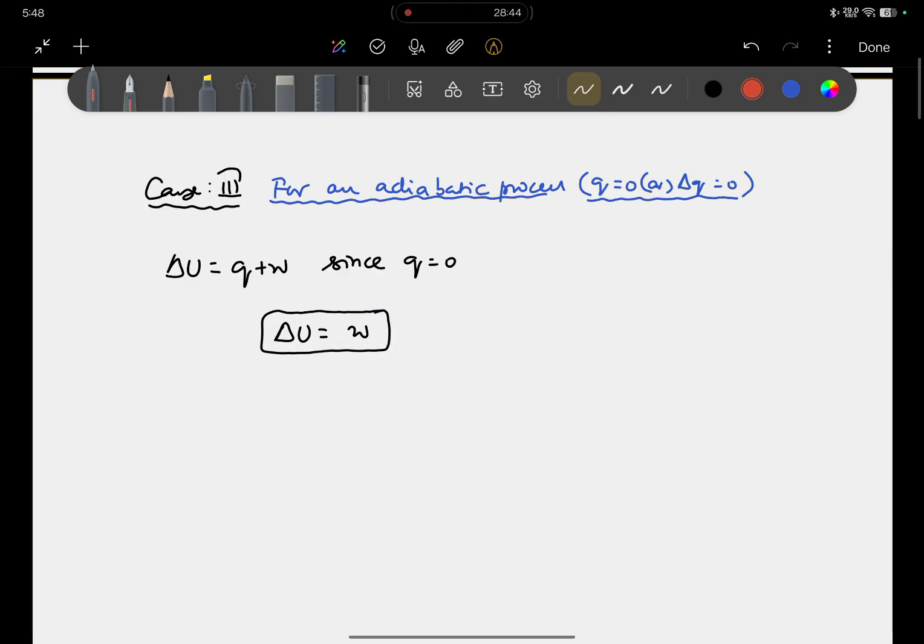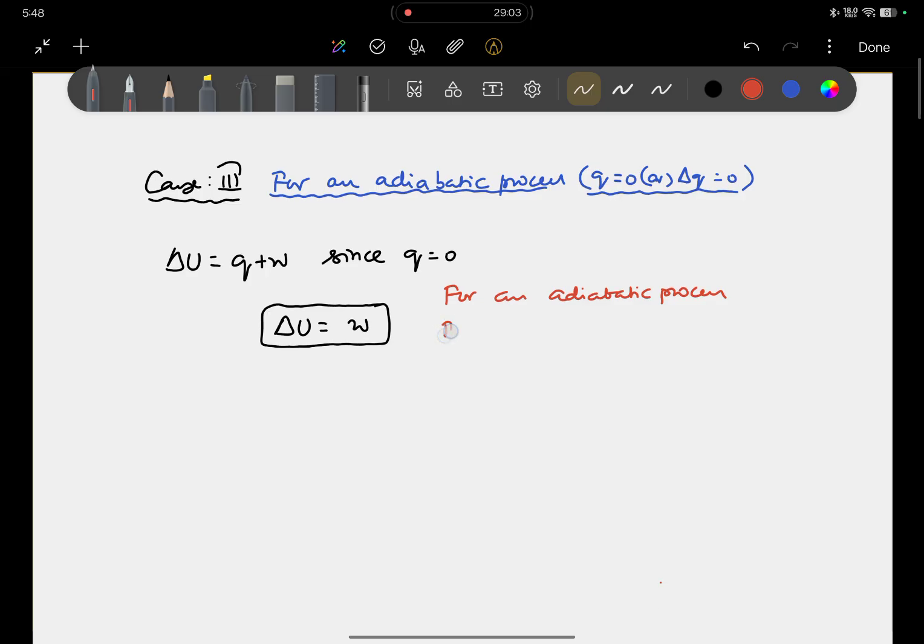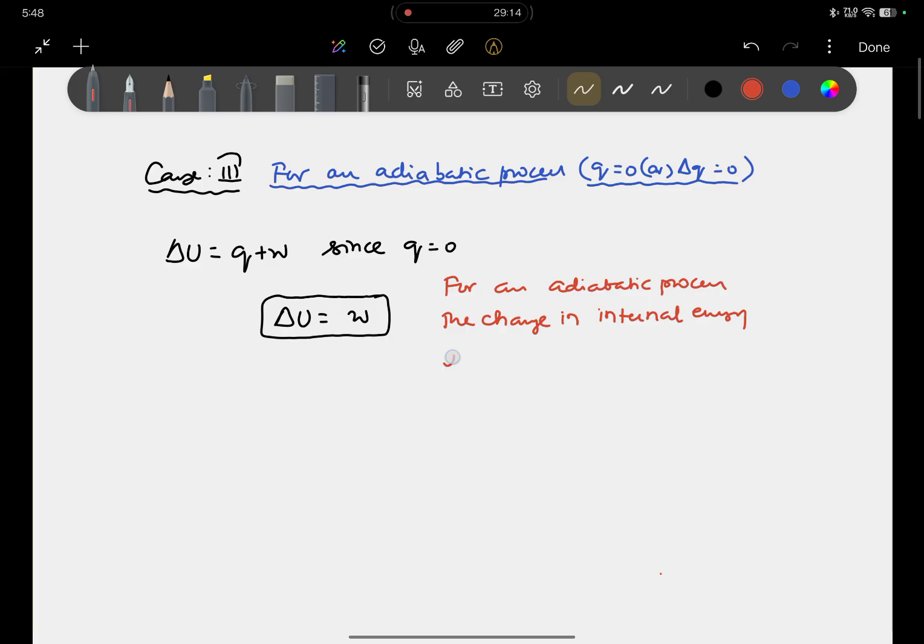So how do you interpret this? For an adiabatic process, the change in the internal energy is equal to work done by the system.